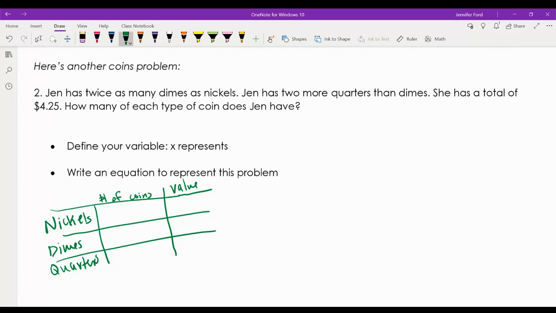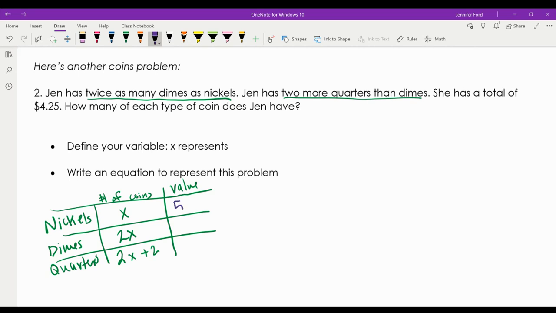What'd you get? So twice as many dimes as nickels. I'm going to say x, 2x. 2 more quarters than dimes. Dimes is 2x, so 2x plus 2. This part you can do a little differently if you want to. This is the way I like to do it.